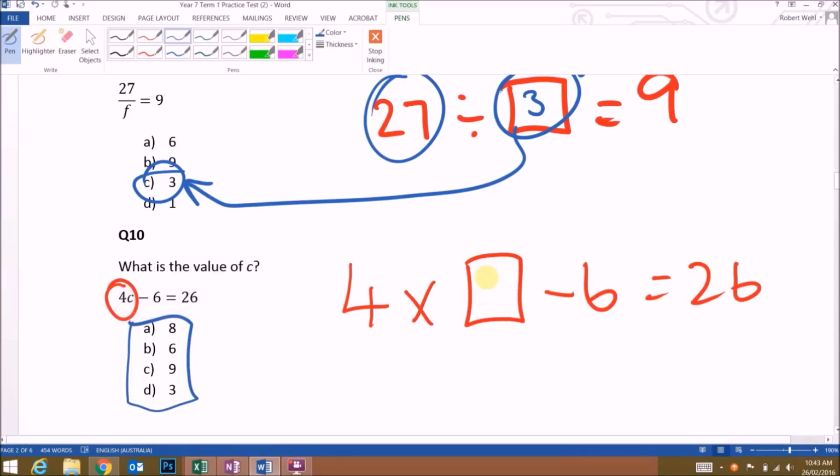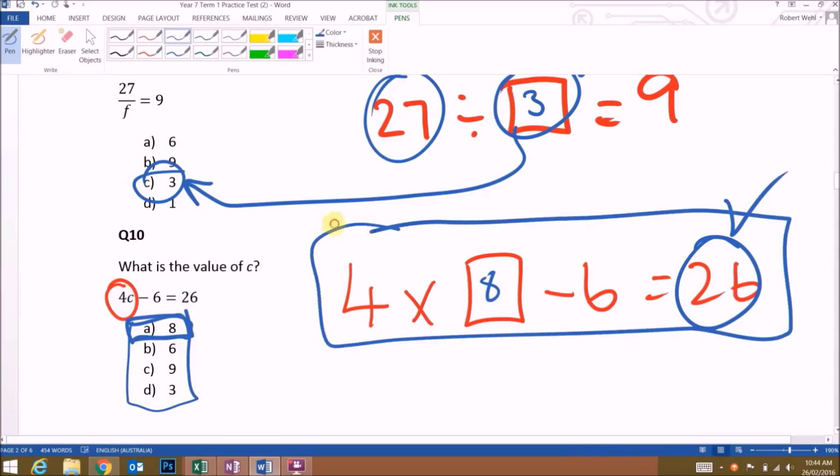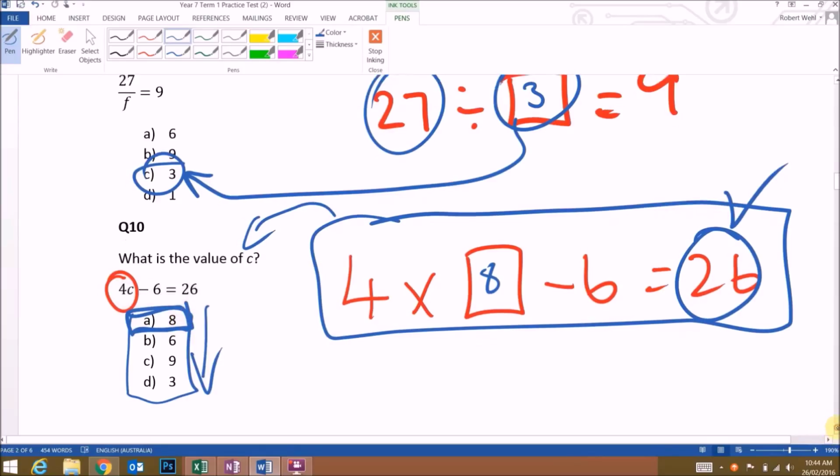Let's start with the top one. 4 times 8. 4 8s are 32. 32 take 6 is 26. So A is my answer. The good thing about guessing and checking with these ones, we're solving by inspection anyway, and because we're given 4 options, you only have to guess and check at the maximum 4 times. You may get your answer luckily, like I did there, very first go.